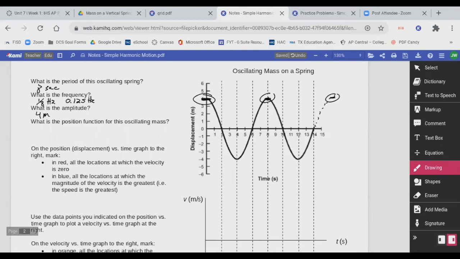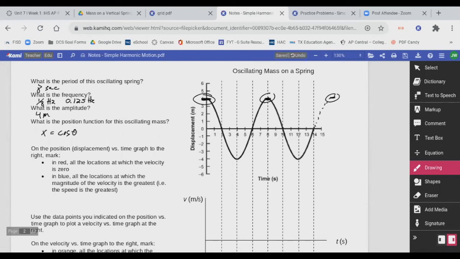From your math class, do you remember what kind of graph this is? Sine or cosine? Cosine, yeah. It's a cosine graph. So we would say that x equals cosine of theta.